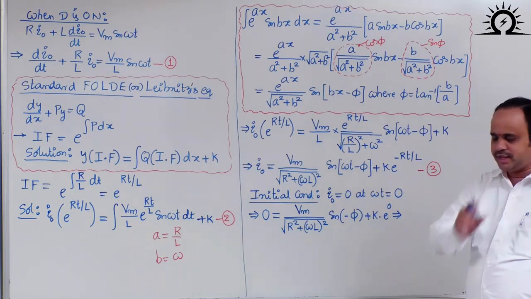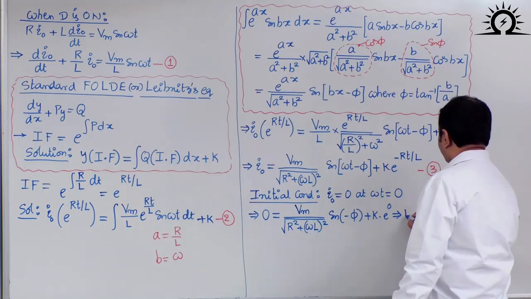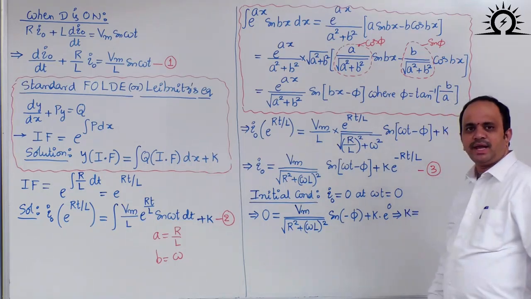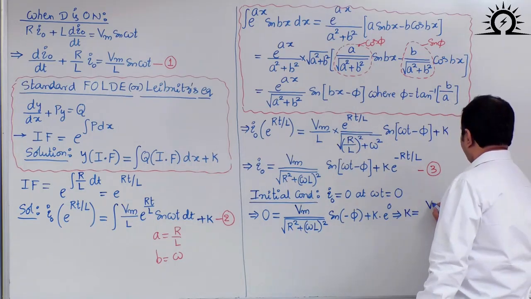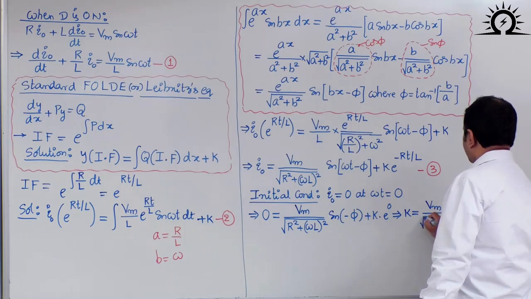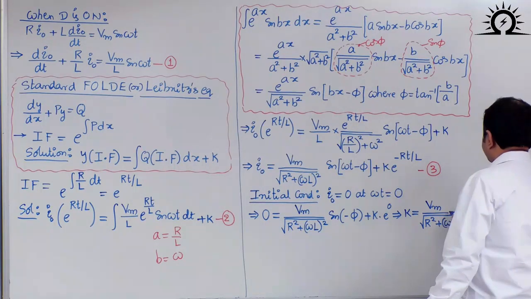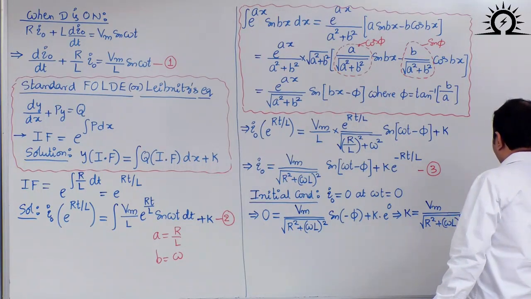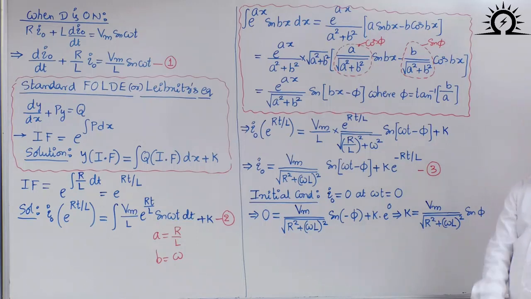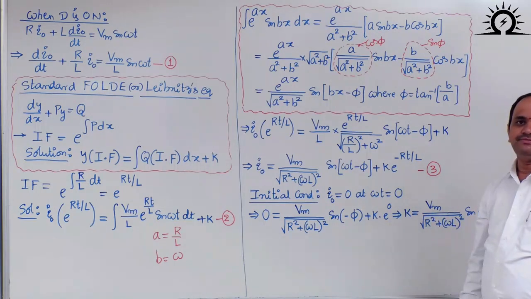Therefore, we will get k value equal to Vm by root of r square plus omega L whole square multiplied with sin phi.